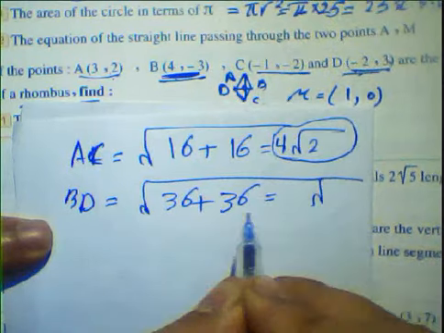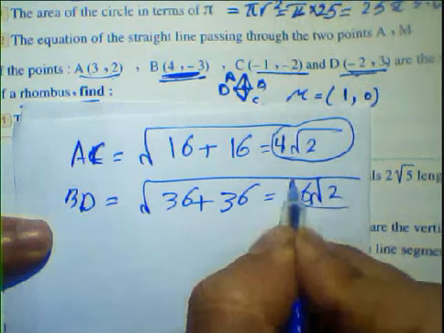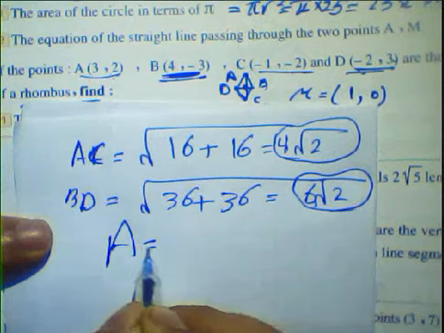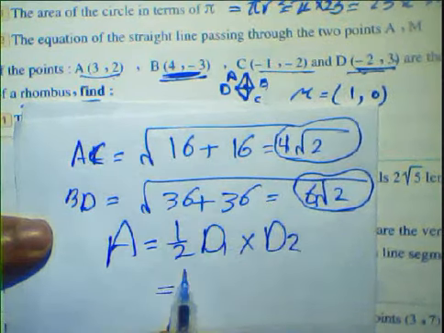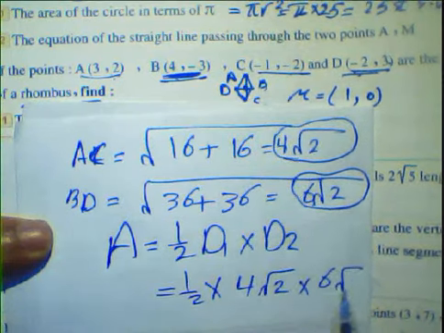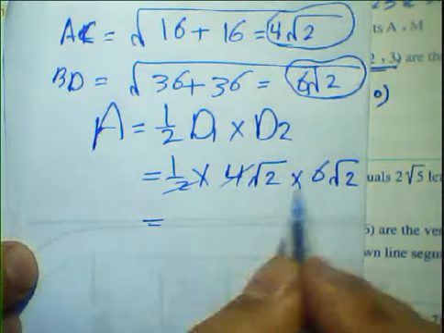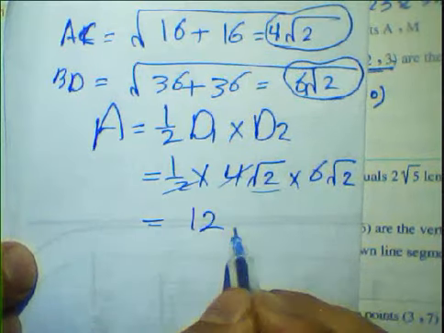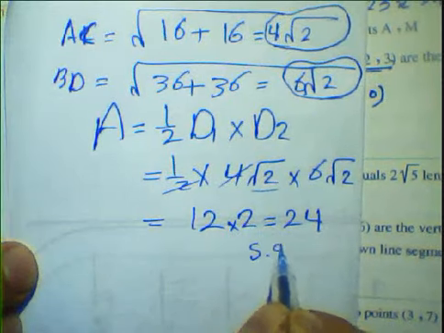Here 36 plus 36 equals 36 times 2, write 6 outside and 2 inside. So the area of the rhombus equals half multiplied by diagonal 1 multiplied by diagonal 2. It will be half multiplied by 4 root 2 multiplied by 6 root 2. Divided by 2 equals 2. 2 times 6 equals 12, and root 2 times root 2 equals 2. 12 times 2 equals 24 square units.